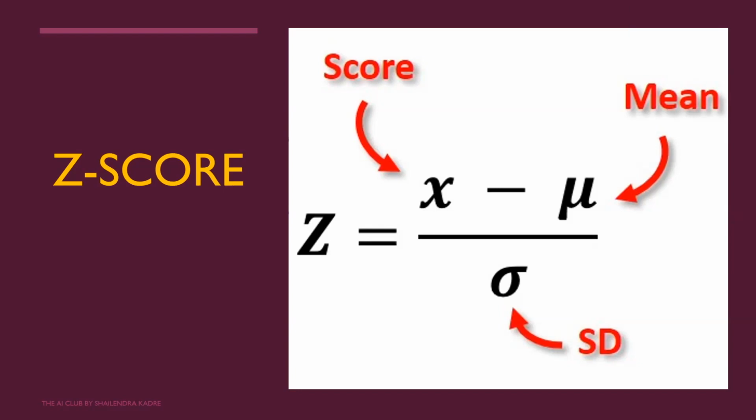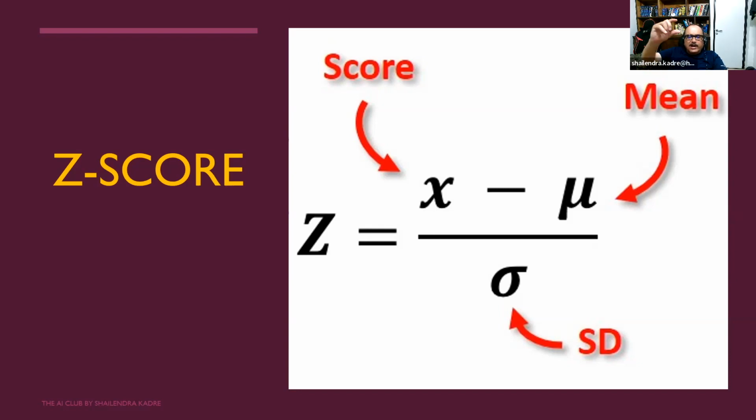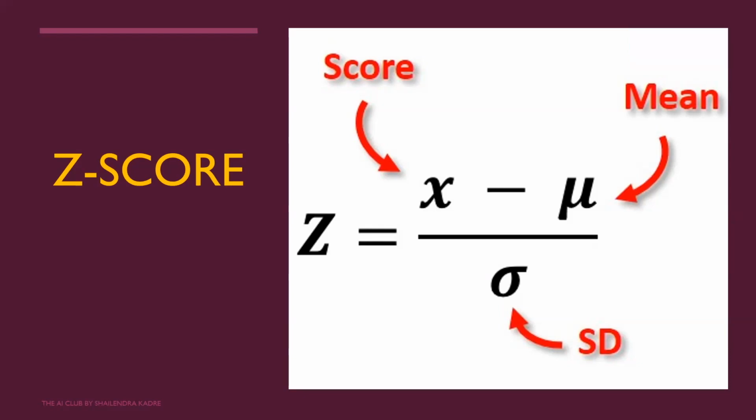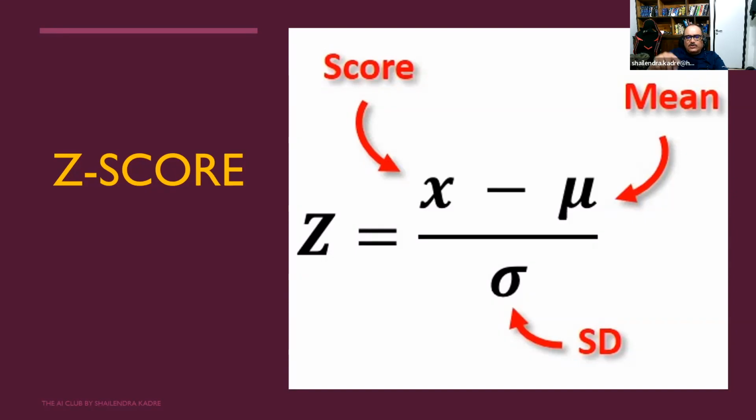Yes, sir. Now, at a time, I will take only one value from X. X may contain, suppose, 1000 entries. At a time, I will take only one value, say the first value, Xi, meaning X1. I will deduct mu from it. What is mu? Sir, mean. Okay. So X1 minus mu.